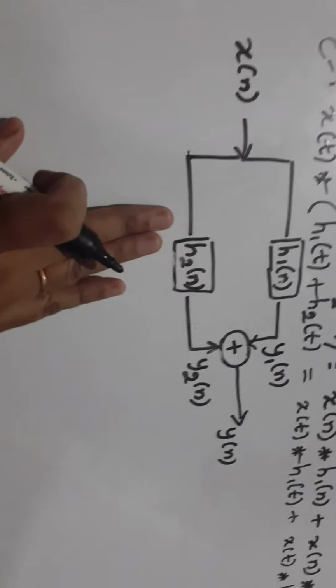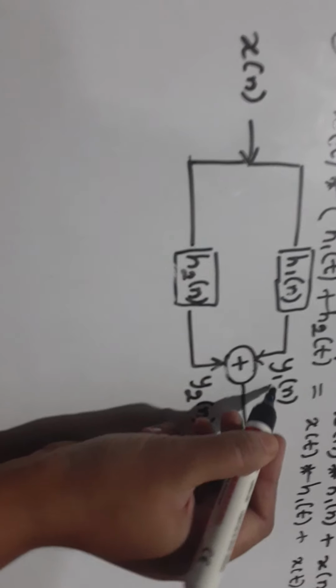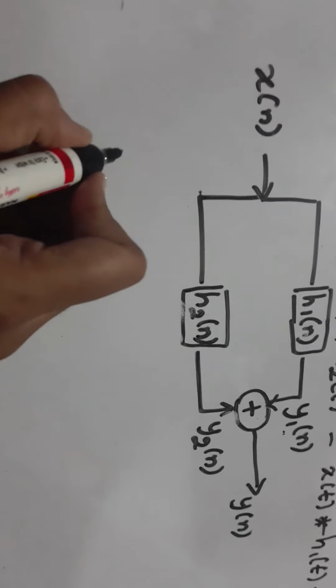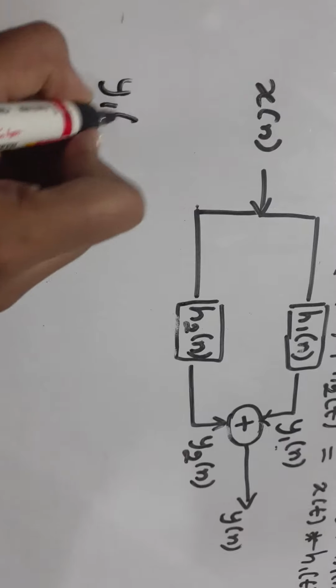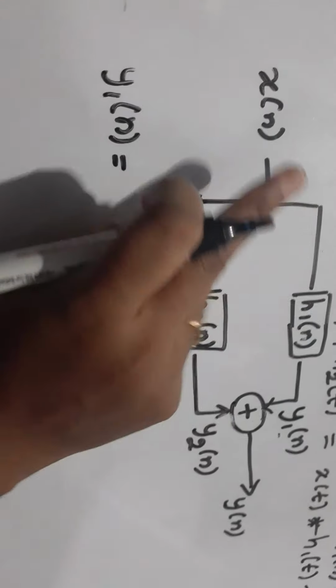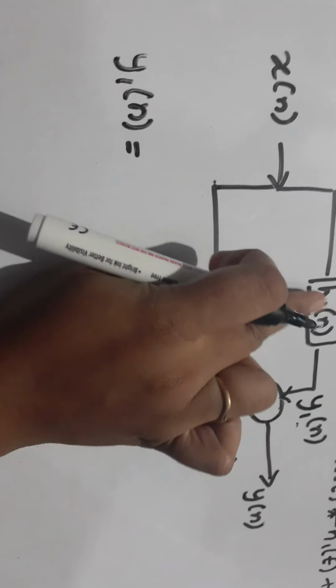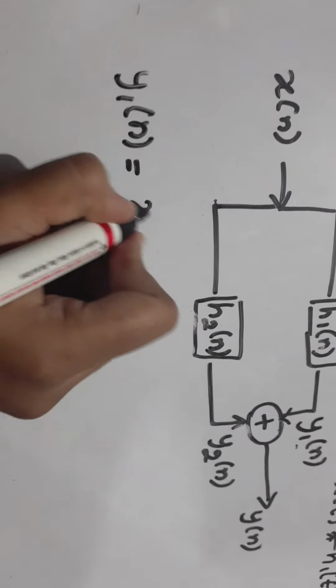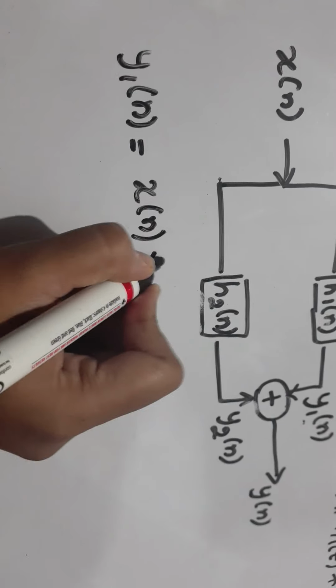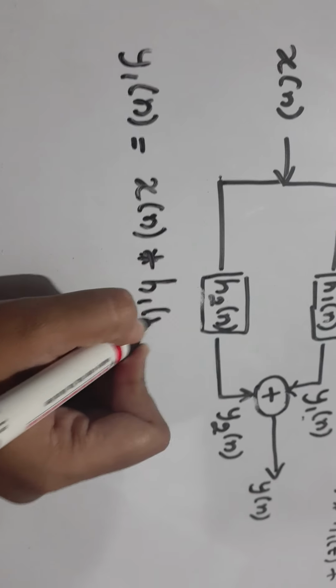According to this block diagram, what will be y1 of n? y1 of n is equal to x of n convolved with h1 of n. Convolution of x and h1 will give you y1.